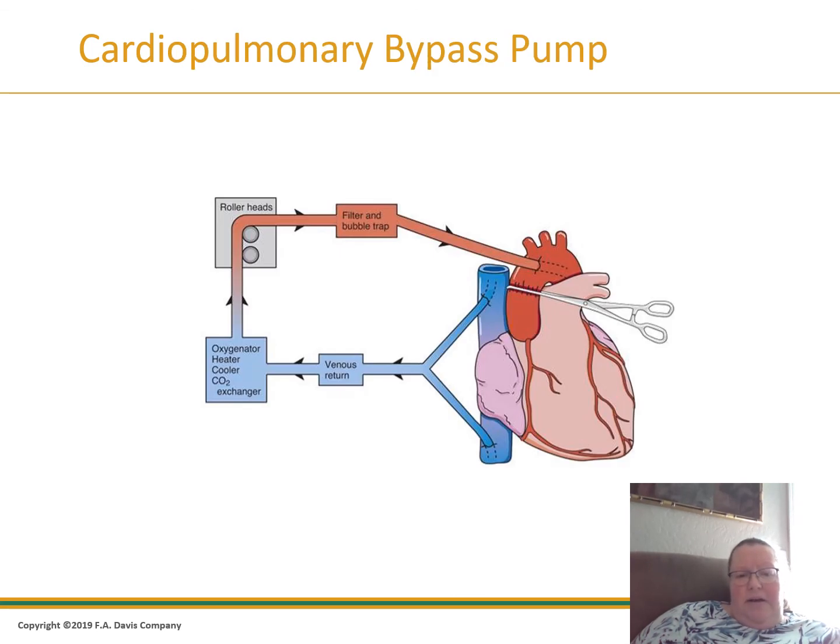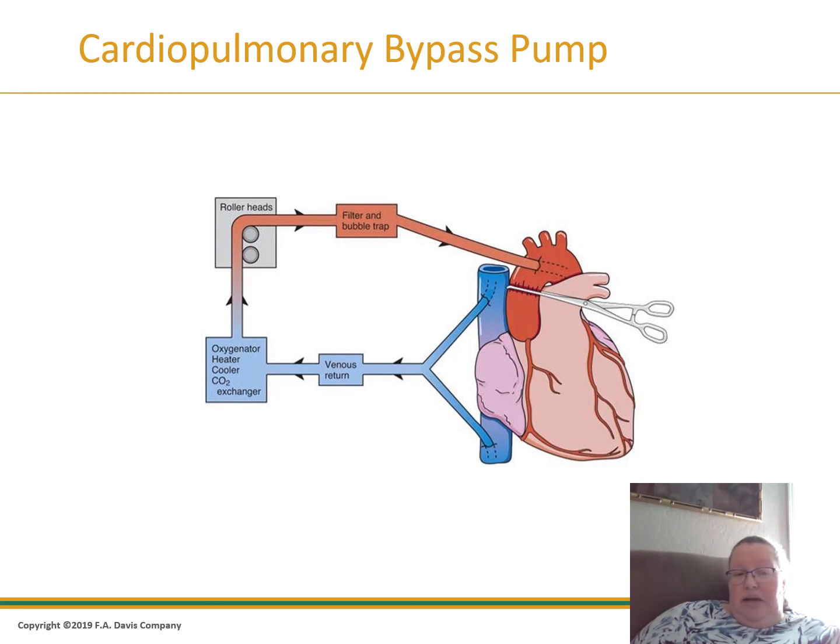Here's a bypass pump, right? So what's happening here is we need to work on the heart for a minute, so it needs to stop doing its job while we work on it. They're going to clamp the aorta temporarily, and they're going to take the deoxygenated blood and bypass it through an oxygenator, heater, cooler, CO2 exchanger.